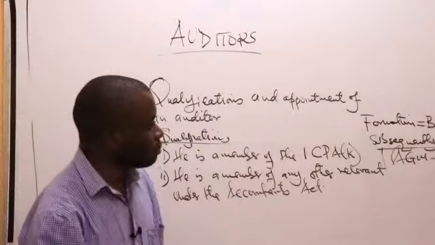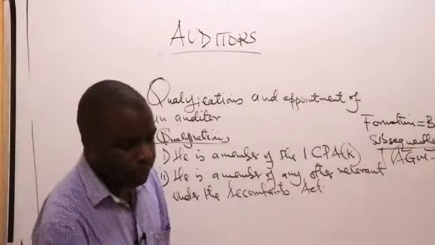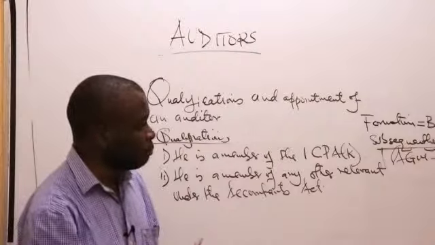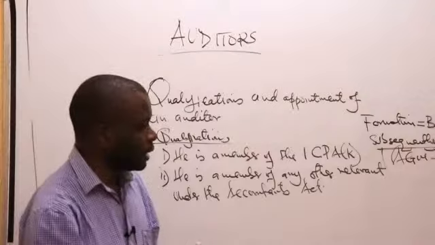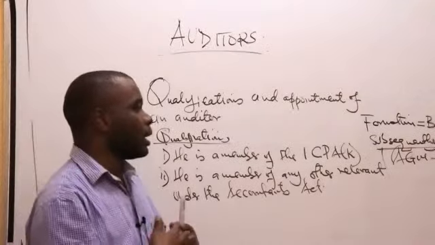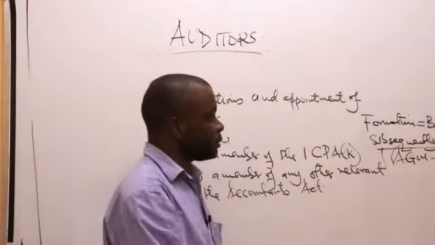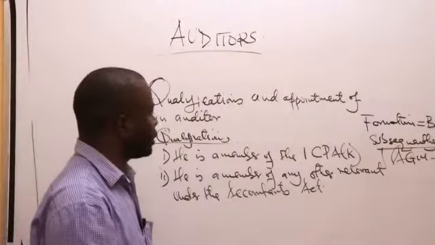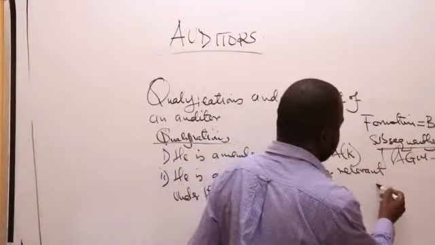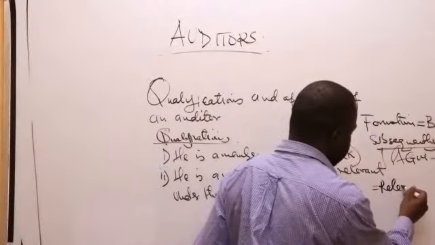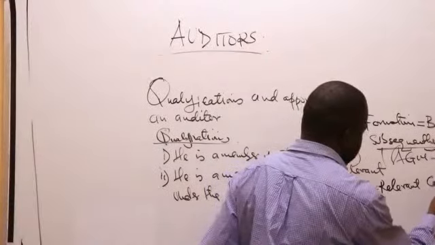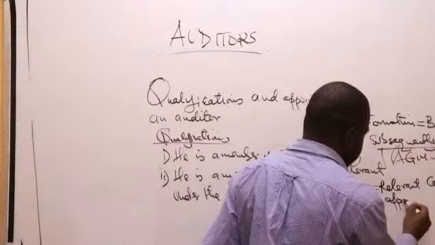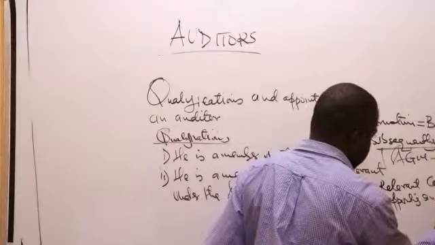So for example, sometimes we could talk about a parastatal, or any company or corporate body that the government has an interest in. If that particular parastatal has failed to appoint an auditor, then sometimes the relevant cabinet secretary can appoint an auditor in such a case.